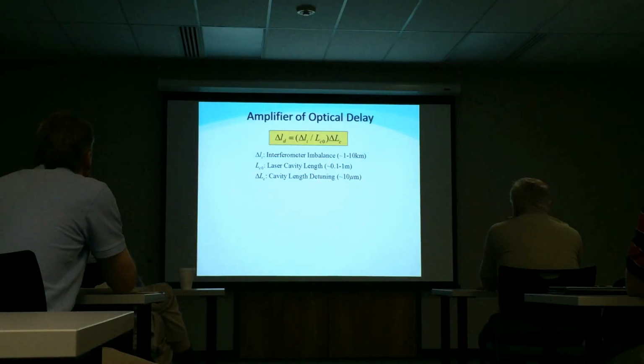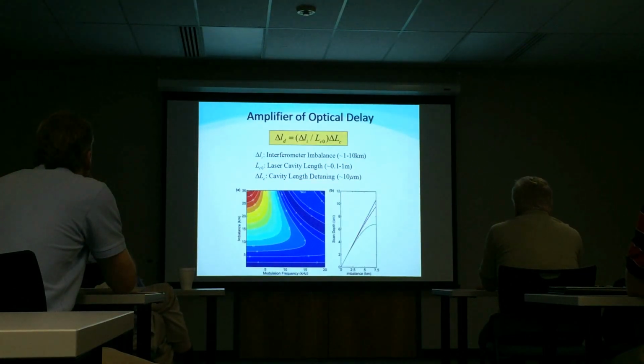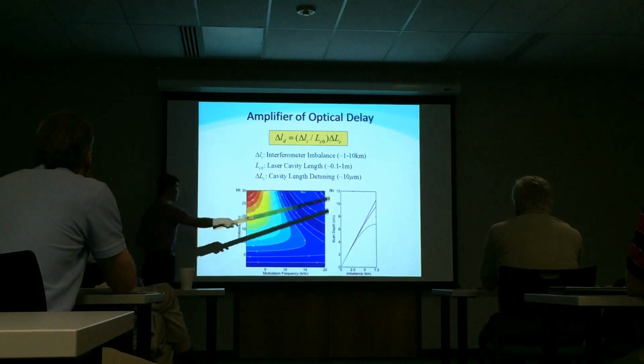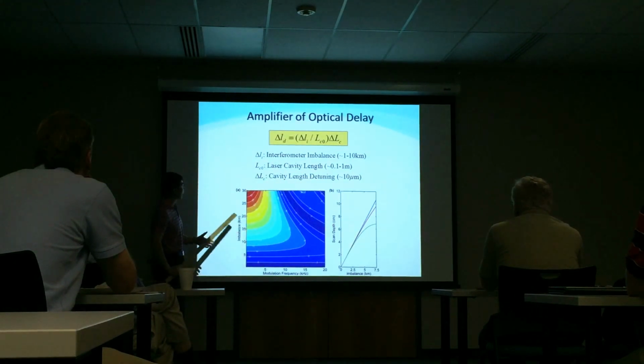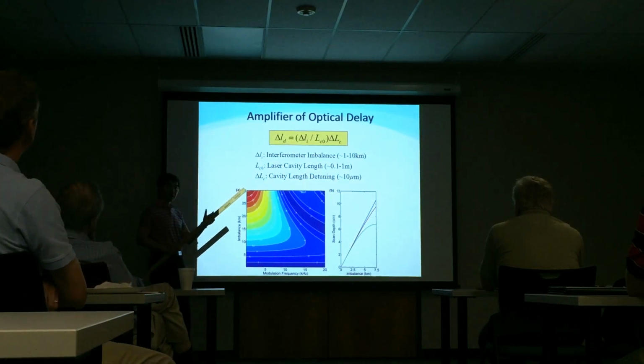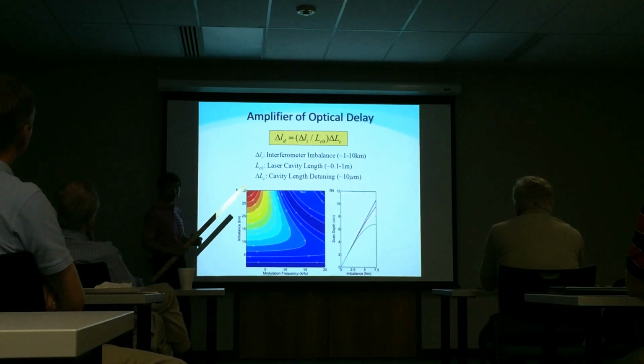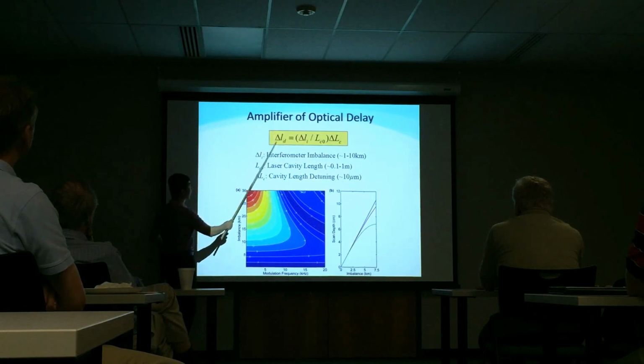We did some theoretical analysis, even some numerical simulation, and these are unimportant. The important thing here is this relation. This is the effective maximum pulse delay that you can create at your target.